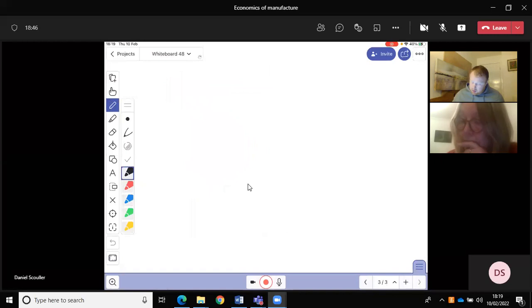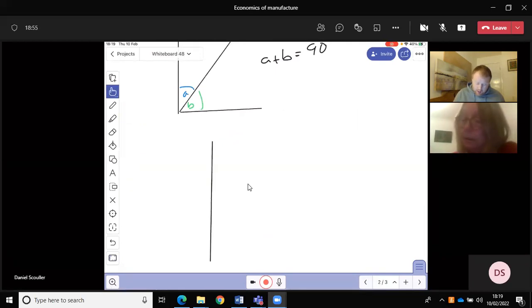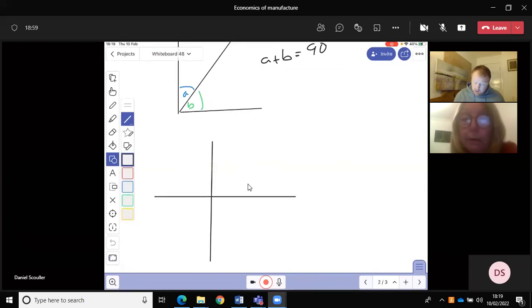Last one, probably won't use tonight. But as we've got angles meeting to form a full rotation, so you've got sort of 4 right angles there.